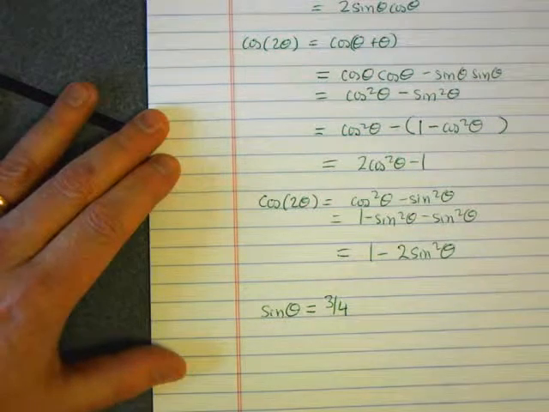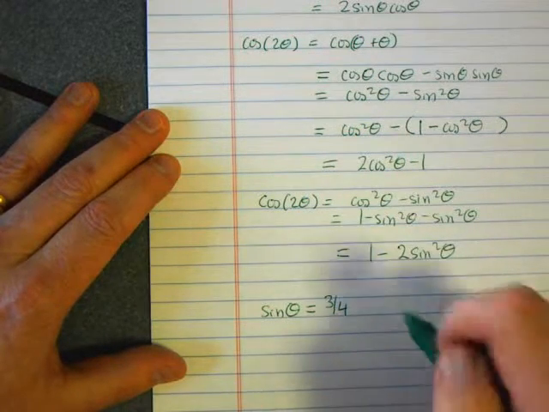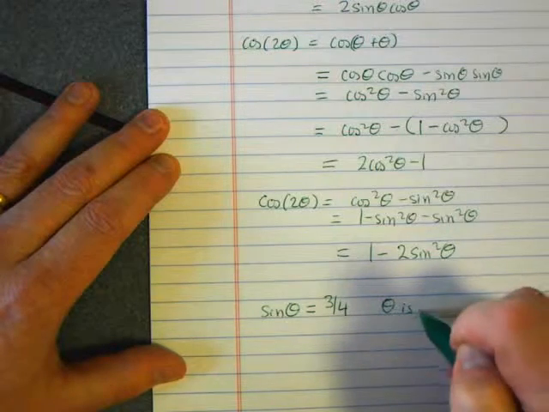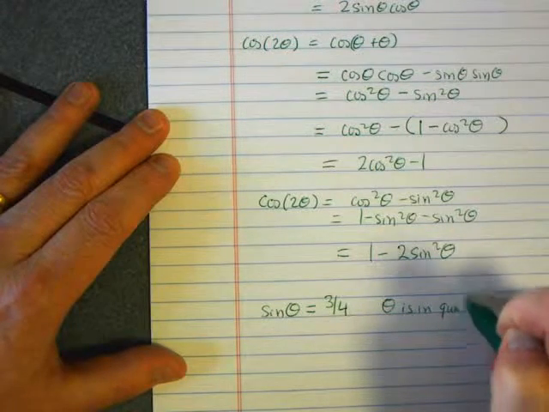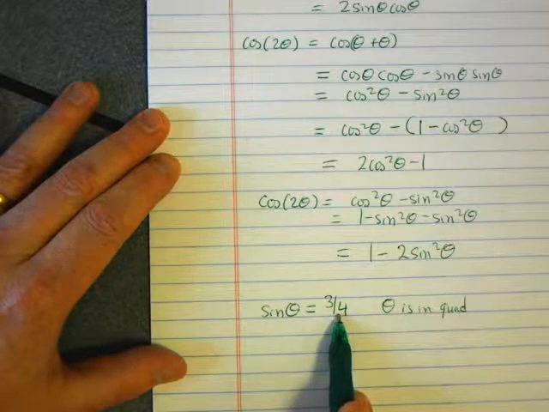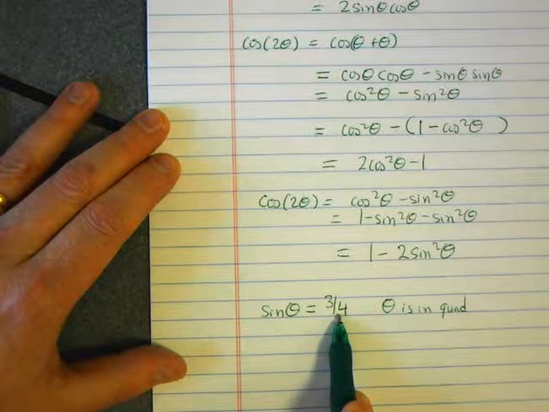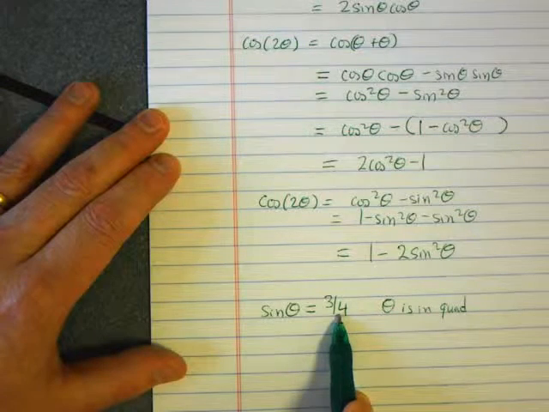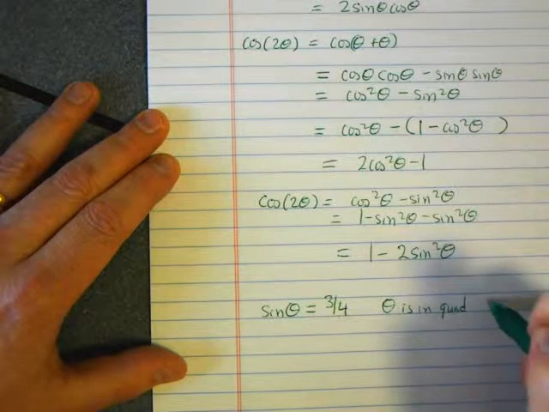And what angle are we in? Theta is in quadrant number? Theta can't be in quadrant number 3 if sine of theta is 3/4. So it could be in quadrant number 1 or 2. Which one do you like? 1. Okay, so theta is in quadrant number 1.